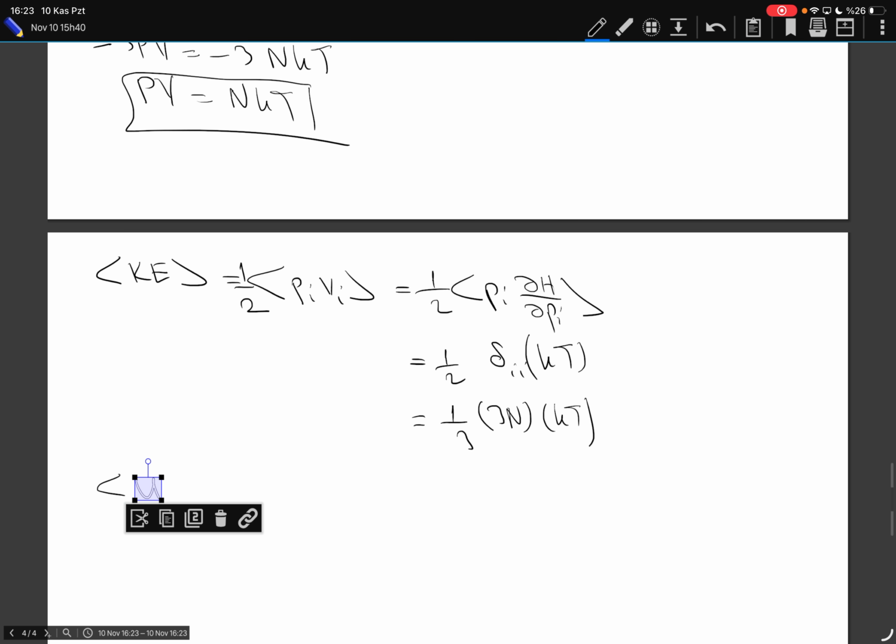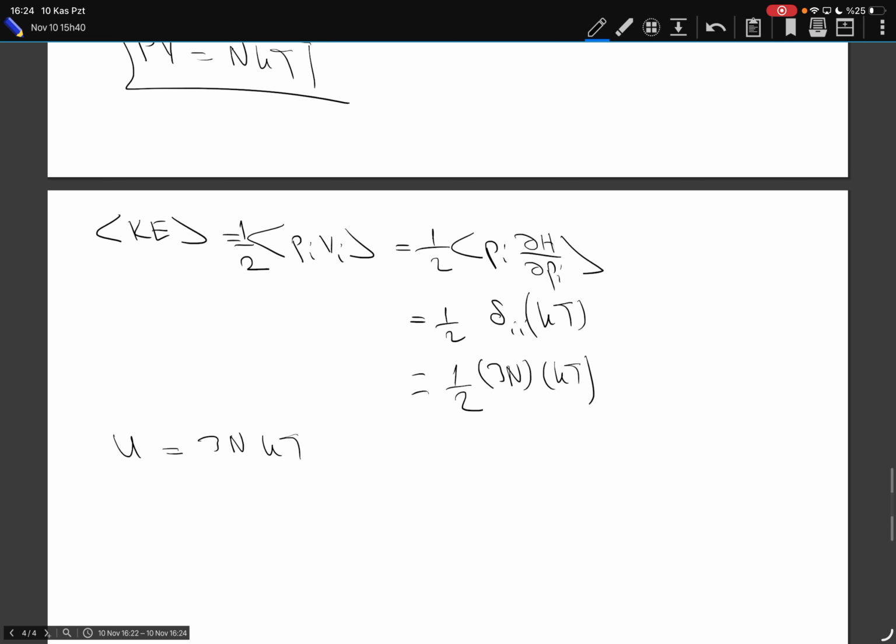U is 3N kT. Well, there are 6N quadratic terms, each one contributing kT over 2. This will be 3N kT, which is twice the kinetic energy, if you like. But I mean, this is kind of true.